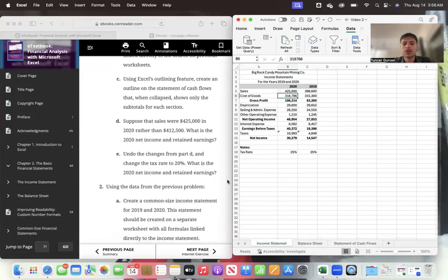So we undo that part. Okay, so now we need to change the tax rate to 20%. Okay.